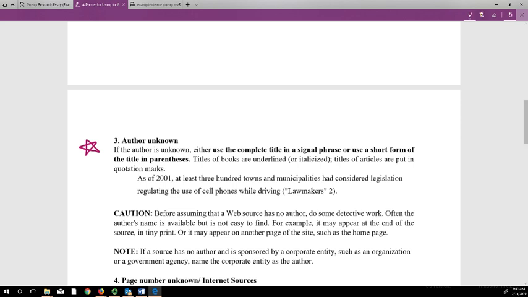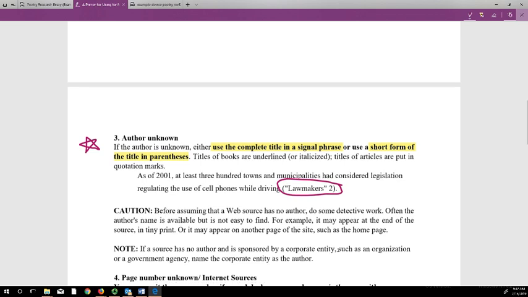So if you have author unknown, you either use the complete title in a signal phrase or the short form of the title inside of parentheses. So this is an example here. The author's name is not Lawmakers. It's the short form of the title, just the first word is perfectly fine. Put that inside of quotation marks. Then we have the page number.